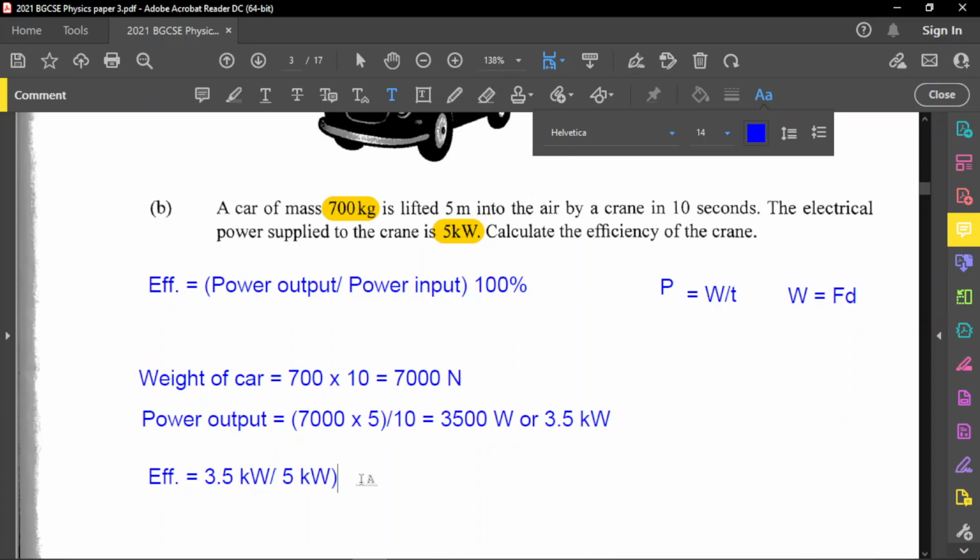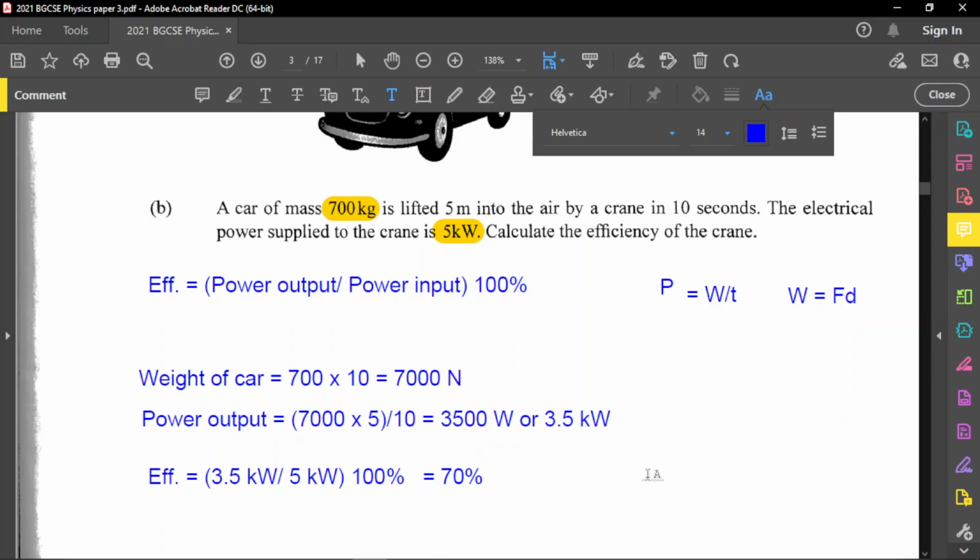All of this multiplied by 100%. And what you should get here is equal to 70%. So that will be the efficiency of the machine.